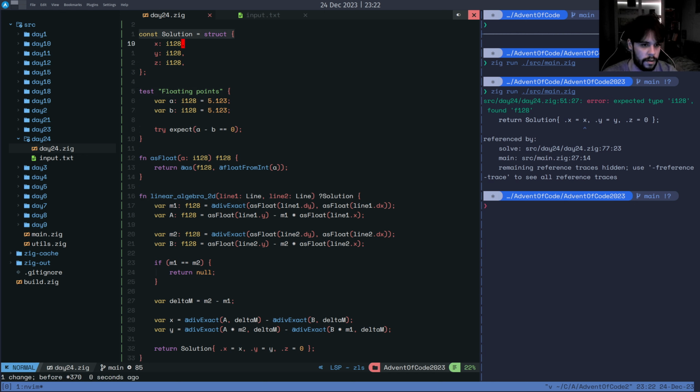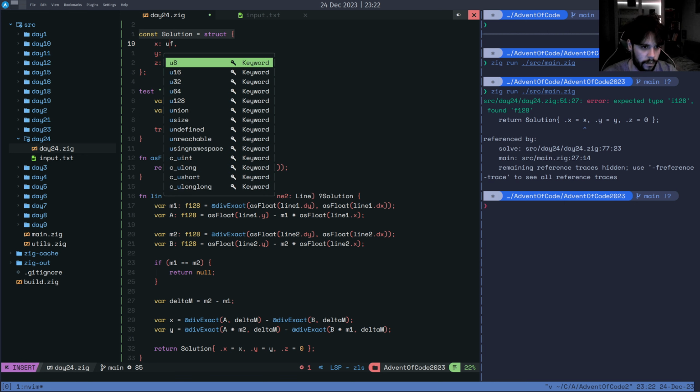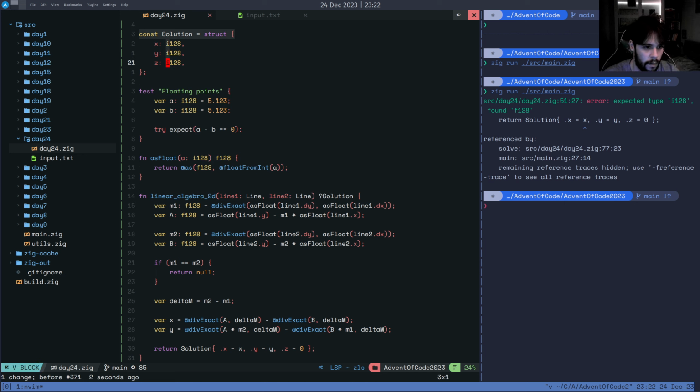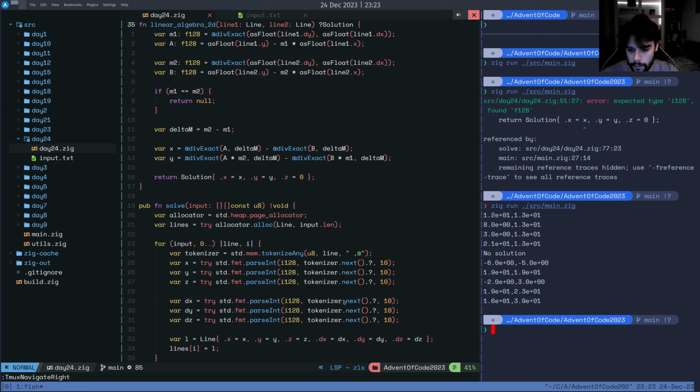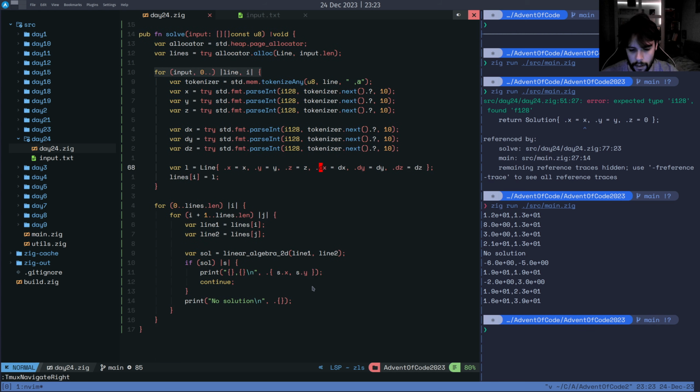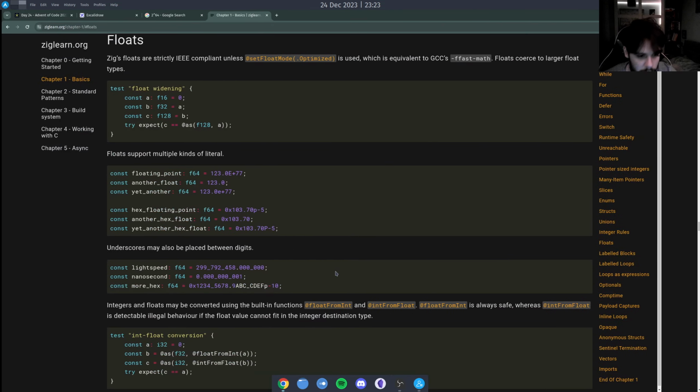Ooh, solution. Yeah, well, you're gonna be an F, wouldn't you? Right, select this, change to F. I wish it didn't do that. 1.2, 1.3, no solution for some of those.